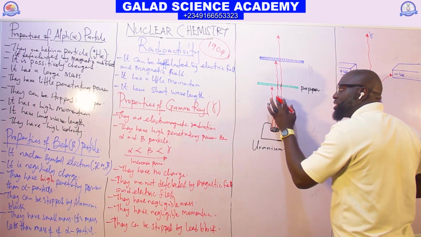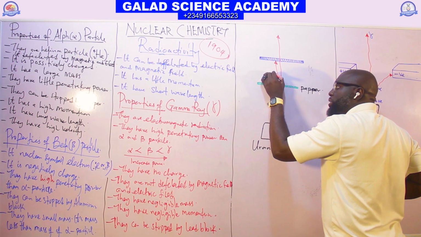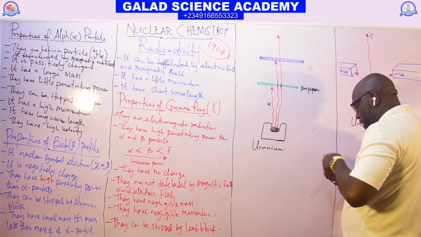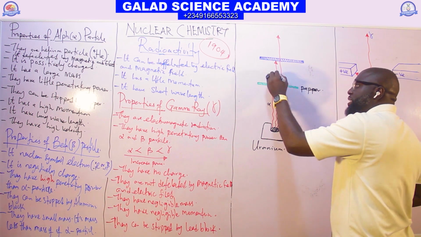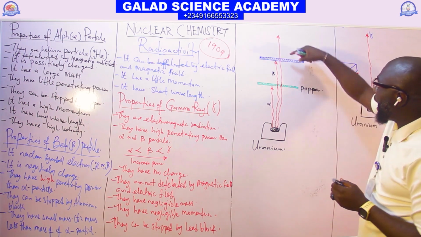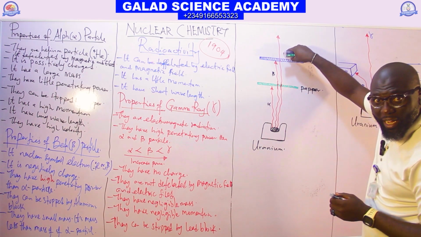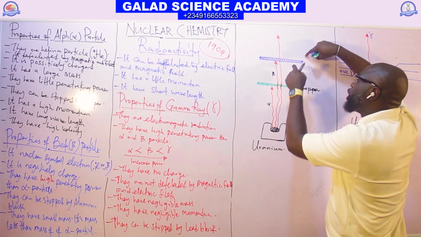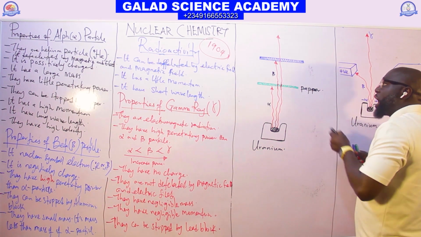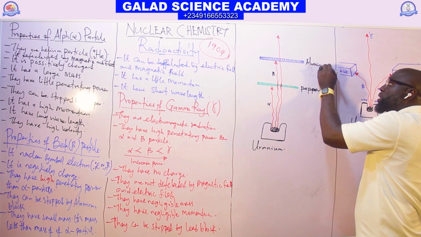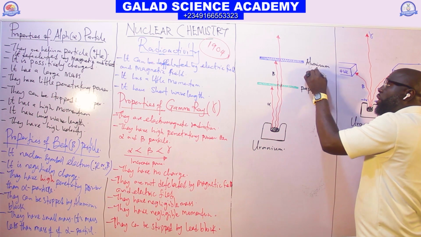So the beta penetrates paper and is stopped by aluminium foil. And the radioactive radiation that penetrates paper also penetrates aluminium foil.